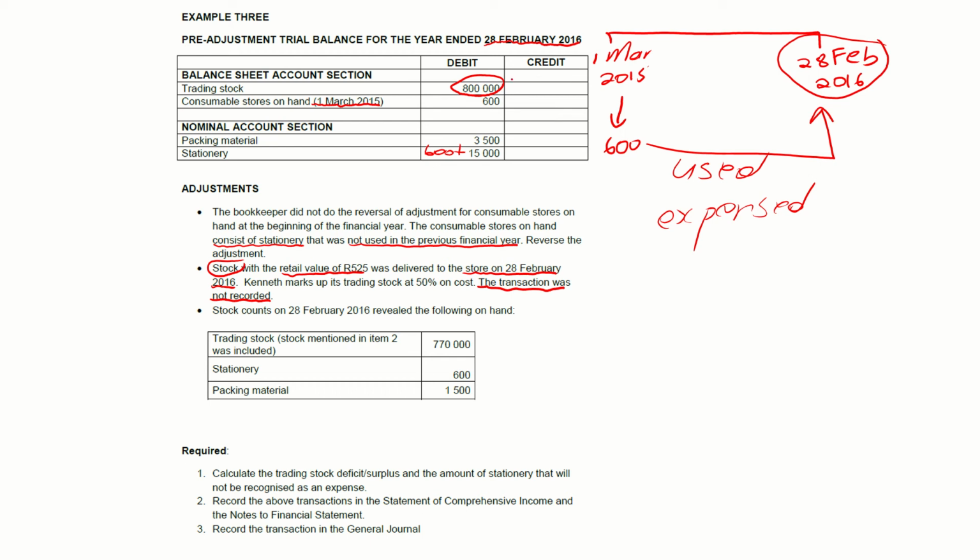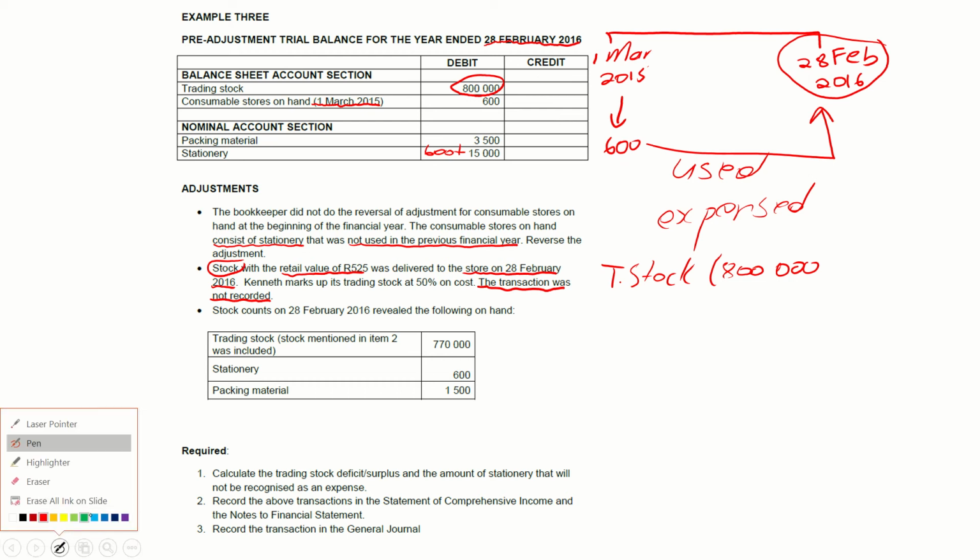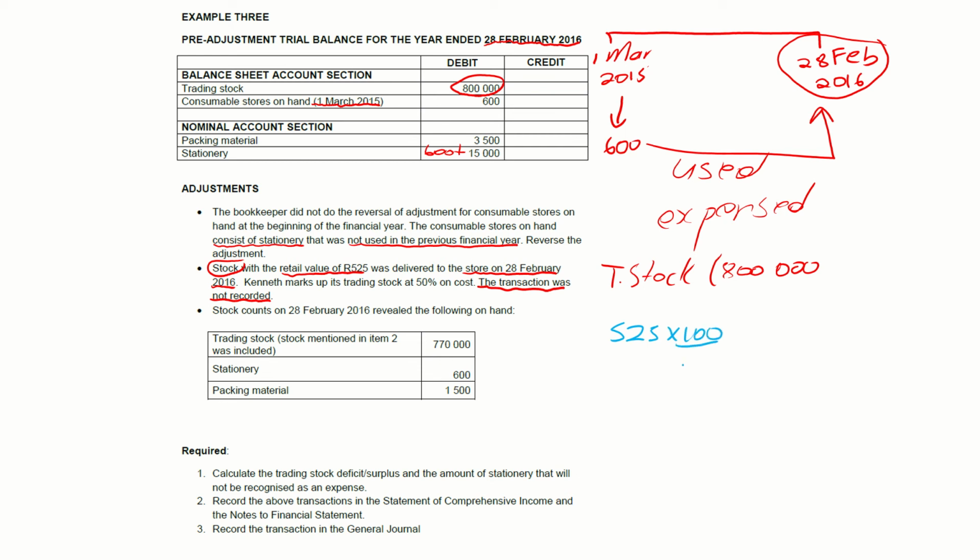That tells you that I need to take my trading stock of 800,000 and add the cost price of the trading stock that was purchased. But I don't have that cost price, so I will need to calculate the cost price, which is 525 multiplied by 100 divided by 150.